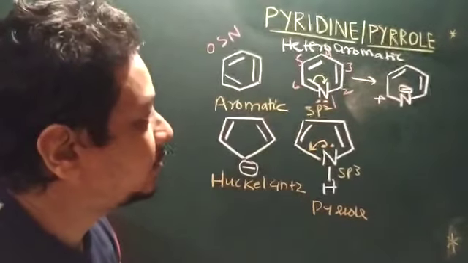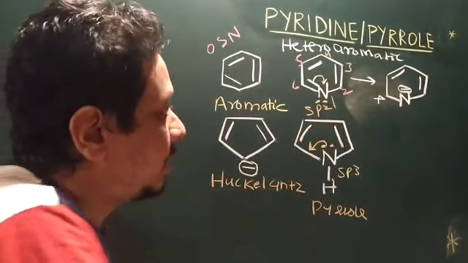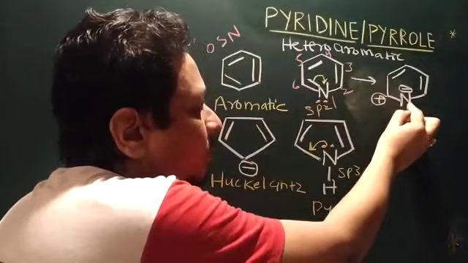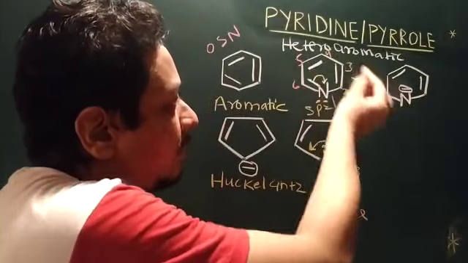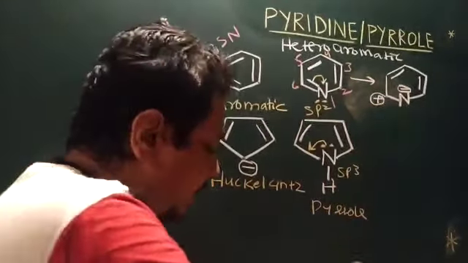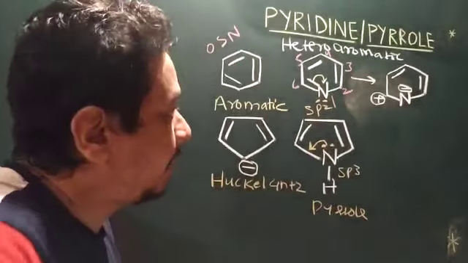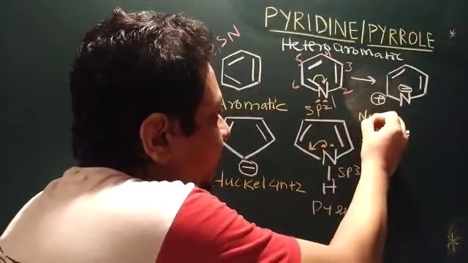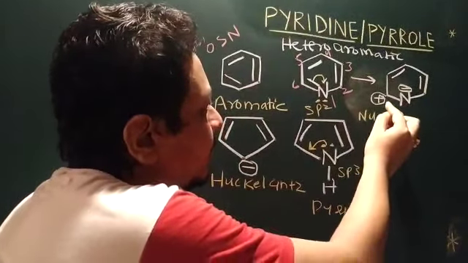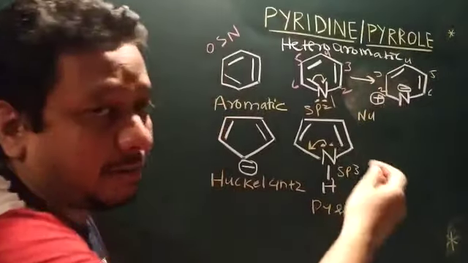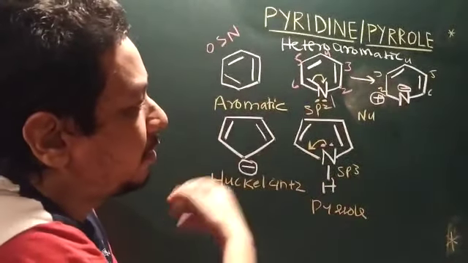Now, if you see, the electron density of nitrogen is increasing in this particular structure. So for any nucleophile, it is very favorable to attack the second position. I can just write second, third, fourth, fifth, because I have shown the electron from this side.